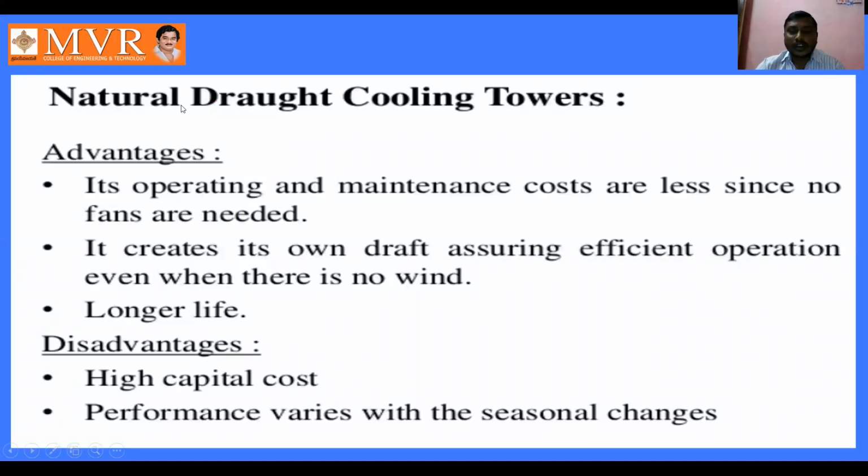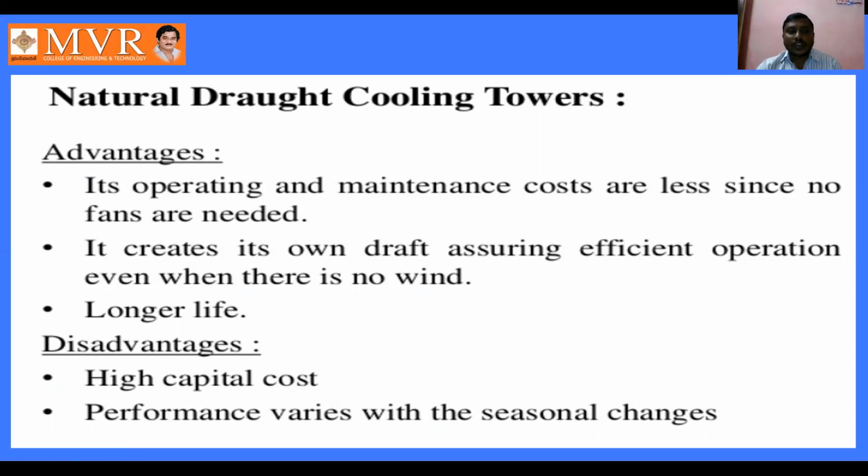Natural draft cooling towers have some advantages as well as some disadvantages. Coming to the advantages, the operating and maintenance costs are less since no fans are needed. As the name itself says, natural means we are not using any external agent such as fans and other equipment.